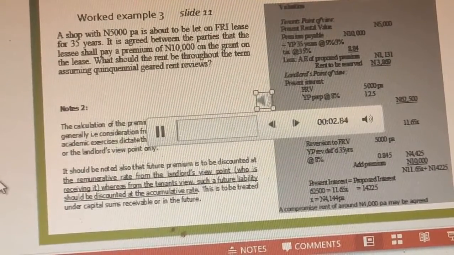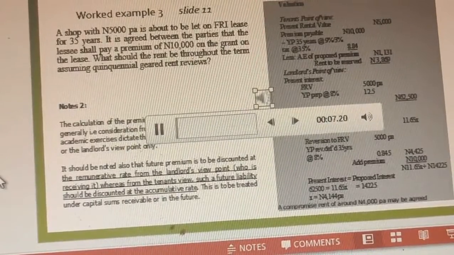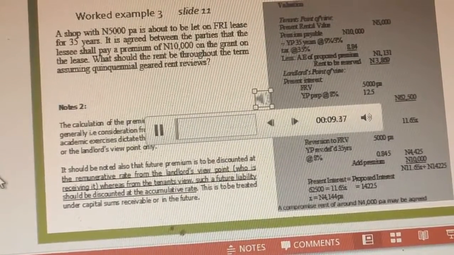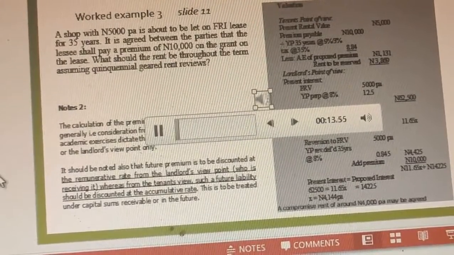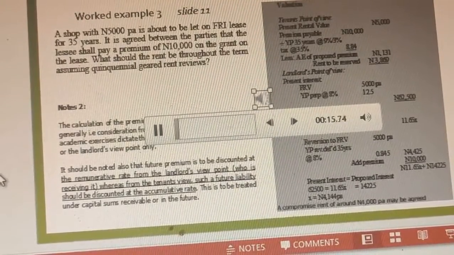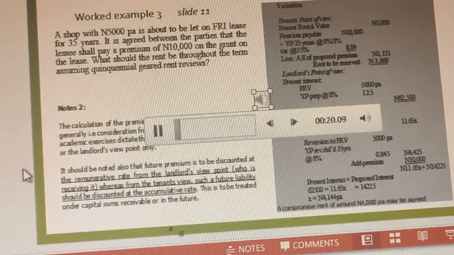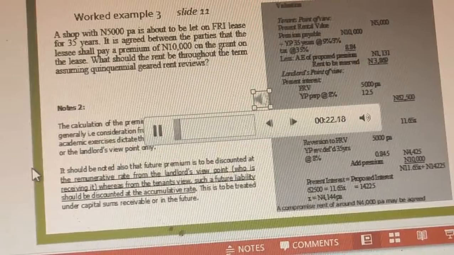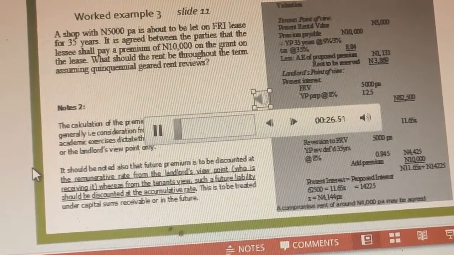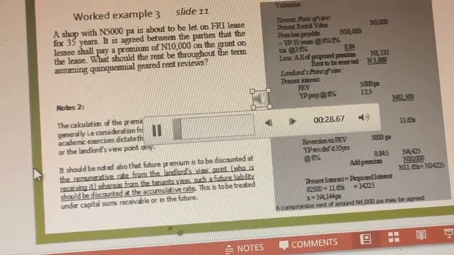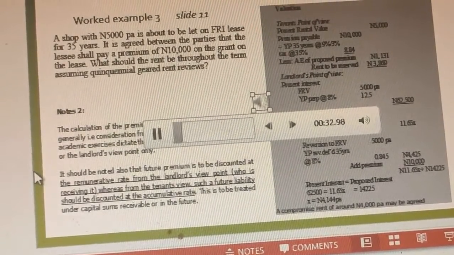Worked example 3 also has to do with what rent is to be paid if a premium has been paid. So ordinarily I will not bother. I will just expect the students to look at the solution on the right side and see how right the solution is, in such a way that will further their understanding of the subject matter.